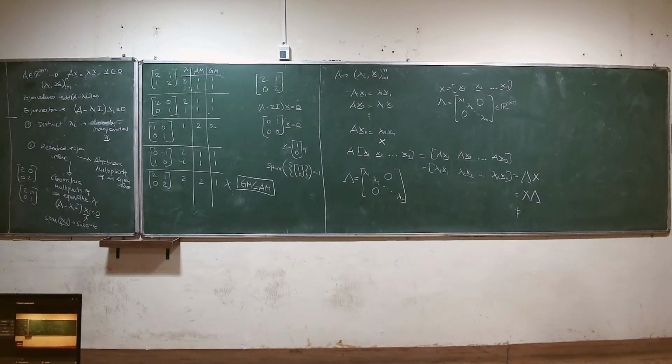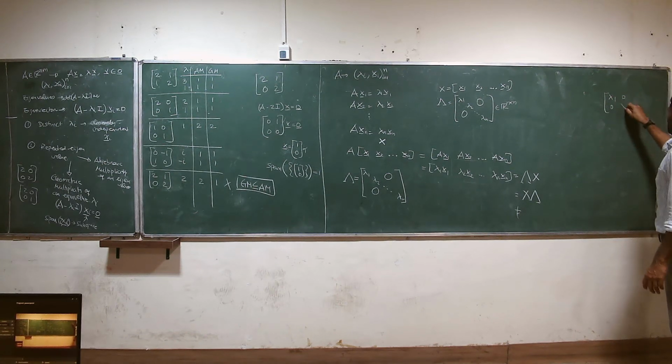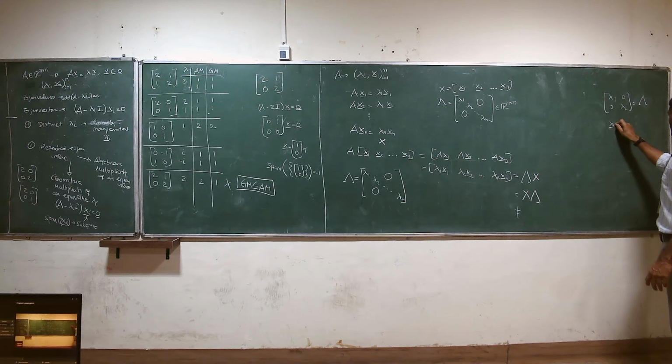Let me take an example, 2 cross 2. Hey, hold on. X is a vector? It is a column. Hold on. Okay. I will just write down what you've written. You've written lambda 1, 0, 0, lambda 2. And you've defined x1 to be x2.